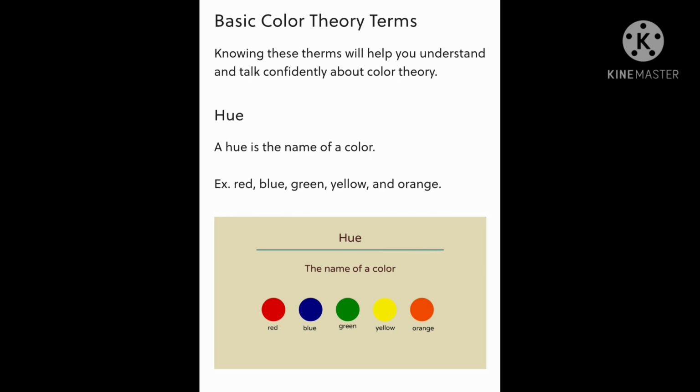First, let us learn about hue. A hue is the name of a color. Examples are red, blue, yellow, green, and orange.